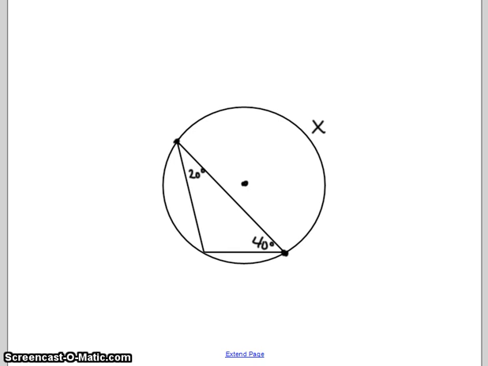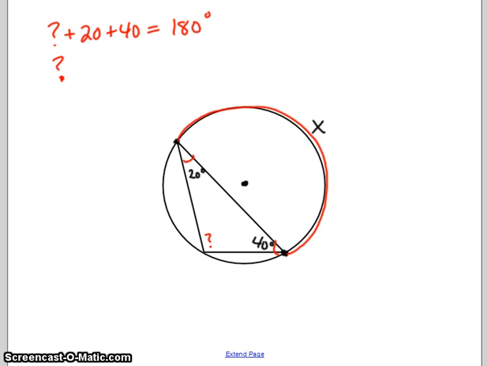Next problem, we have another triangle that's inscribed in our circle. We know two angle measurements of the triangle, and we need to find the measure of this arc right here. Well, we know that this is 20 and this is 40. So we can use the triangle sum theorem to figure out what this is, because this plus 20 plus 40 will equal 180 degrees, since the sum of all the angles in a triangle is 180 degrees.